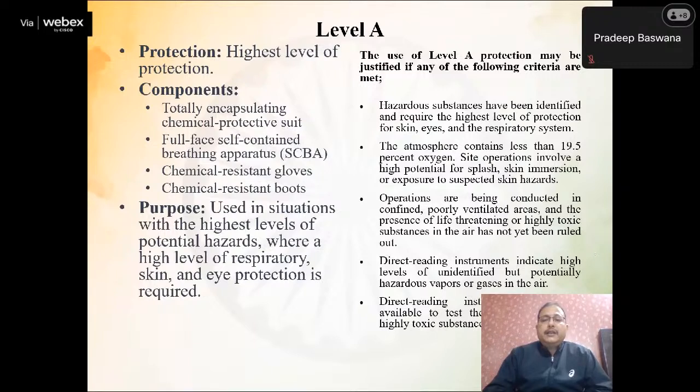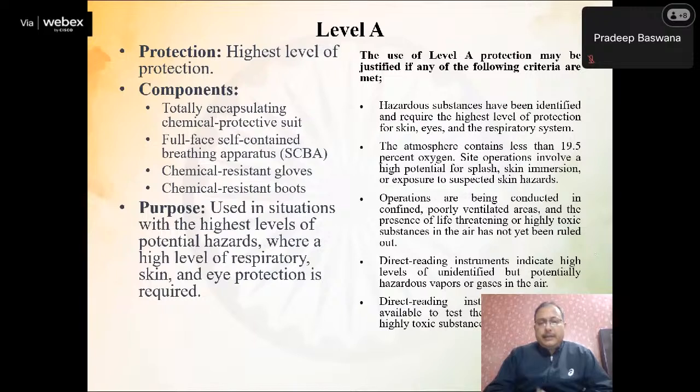Operations are being conducted in confined, poorly ventilated areas, and the presence of life-threatening or highly toxic substances in the air has not yet been ruled out. Direct reading instruments indicate high levels of unidentified but potentially hazardous vapors or gases in the air, or direct reading instruments are not available to test the air and suspected highly toxic substances may be present.